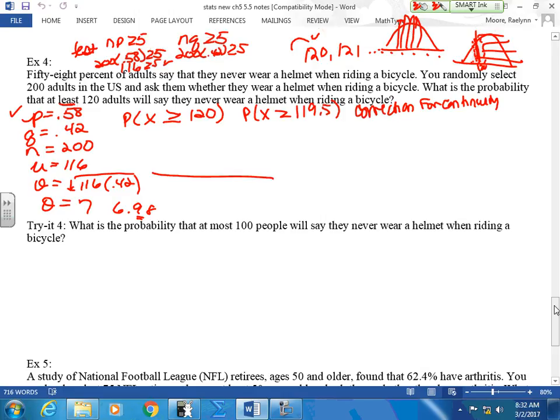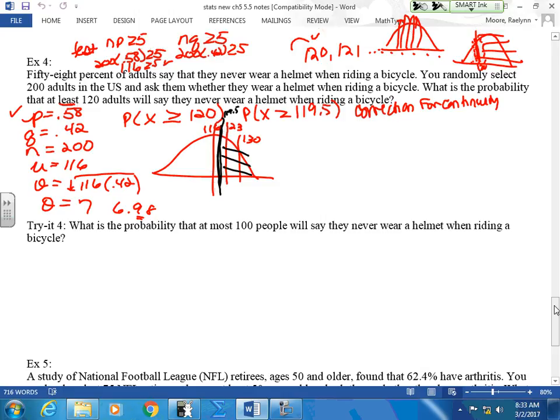So now I sketch. I put my mean here, 116. I want to get to 120, so I add 7. So 119.5 falls right in here. This is my 119.5. I want it to the right.